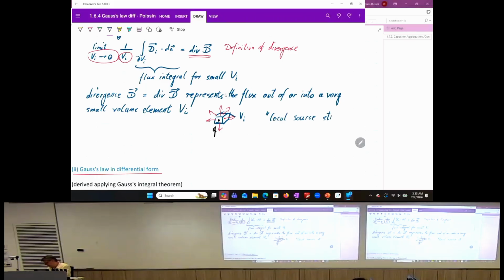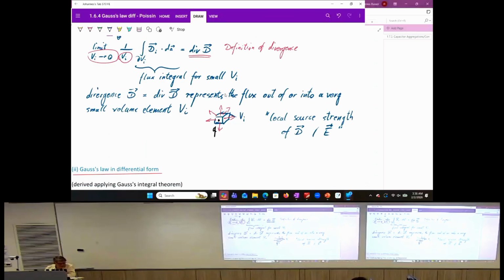This is what you could understand for the meaning of the divergence of the D field, respectively also of the E field. So if the divergence is vanishing, that means there is no source, there's no net Q or net minus Q, so there's no net Q in this infinitesimal small volume element. So the divergence of D tells you something about the locally distributed sources, and you can call it also a sink.